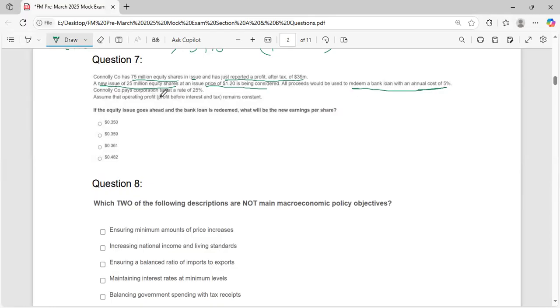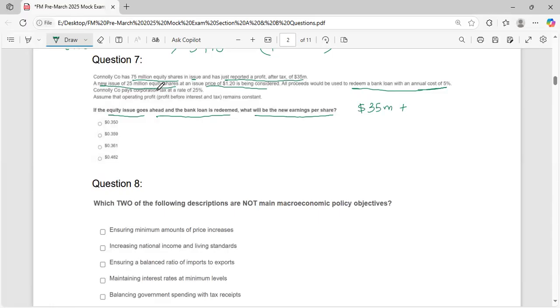Colonial Company pays corporation tax at a rate of 25%, assuming that operating profit remains constant. If the equity issue goes ahead and the bank loan is redeemed, what will be the new earnings per share? Right now we have a profit after tax of 35 million.